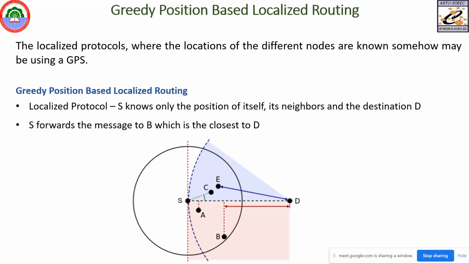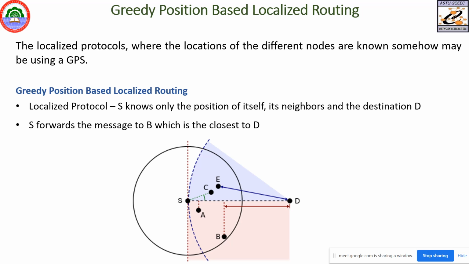Another location based algorithm is called greedy position based localized routing. If you consider this example image, the basic idea of greedy position based localized routing is that it will check the nearest neighbor.